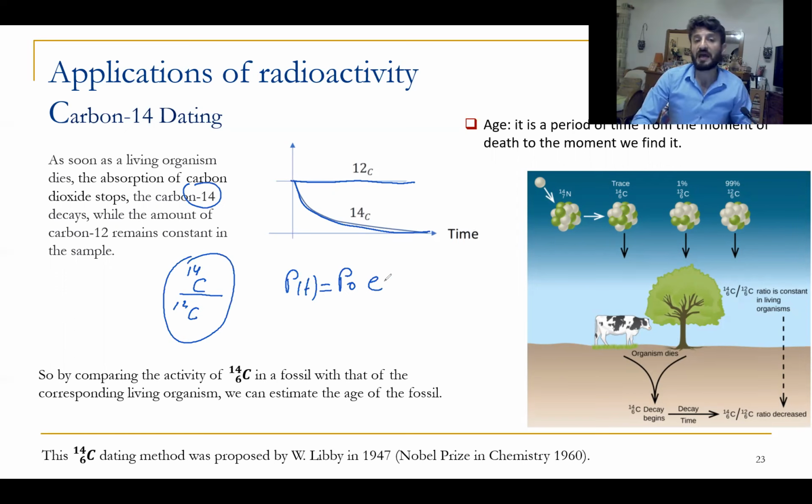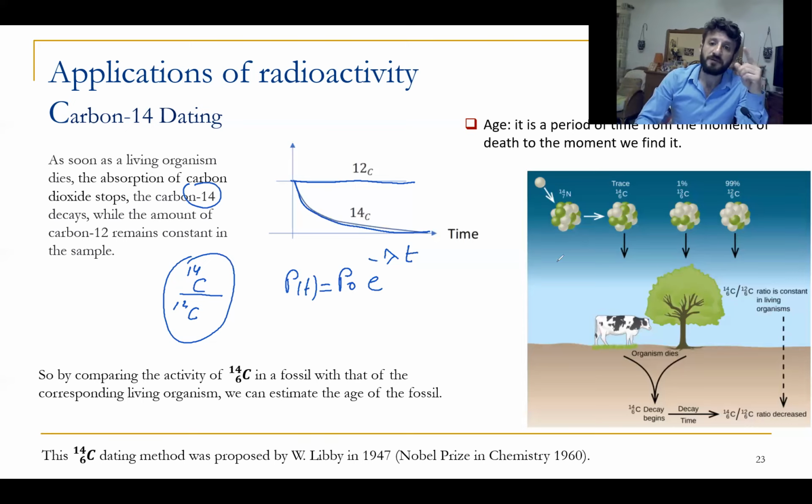And we have the value of half-life, the period, which is about 5,000 years for the carbon. We can calculate the time t or the age of this matter. So in general, in the case of organic matter, we have to use two isotopes, C14 and C12, to calculate the age of all organic matter.